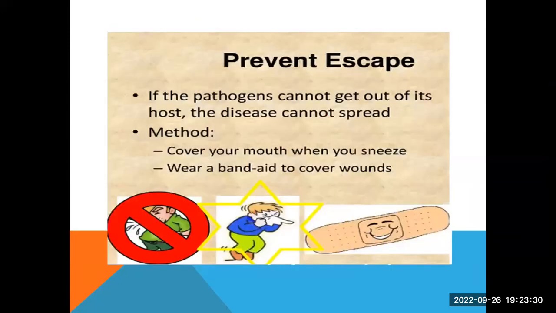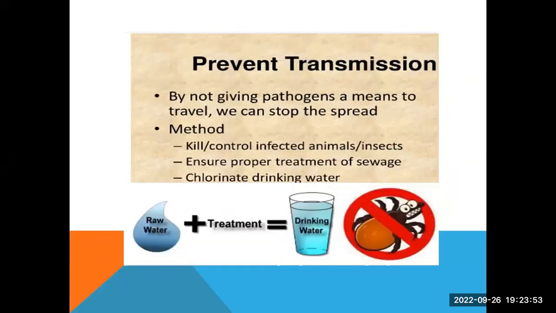And then you have to prevent the escape of the pathogen. So you have to be working on the portal of exit. The pathogen can't get out of its host, hence the disease will not be able to spread. And this is, again, working with the basics, the things that we've been talking a lot about in the COVID pandemic. So covering your mouth when sneezing, wearing a band-aid to cover the wound, all of this, of course, helps a lot.